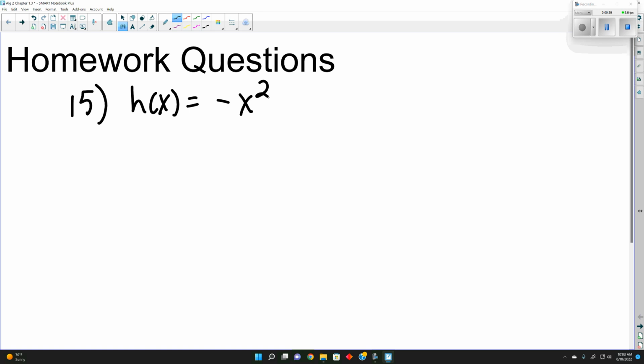So for 15, it's asking us, well, the instructions say graph the function and its parent function, then describe the transformation. Again, you're not graphing any of these here, so we just want to describe the transformation. So this is a quadratic function. Now the transformation that has been applied is the negative in front of x squared, which tells me that this is a reflection.